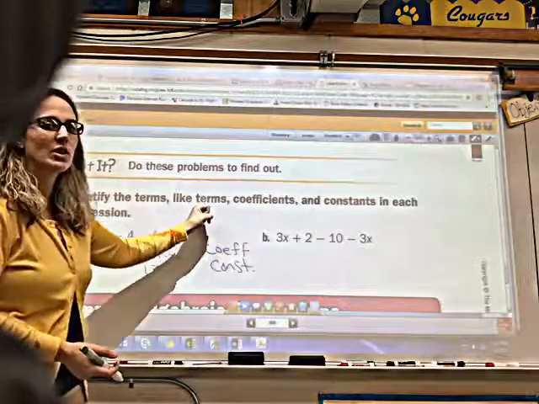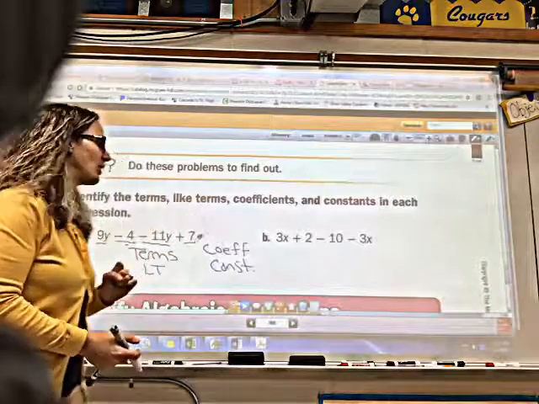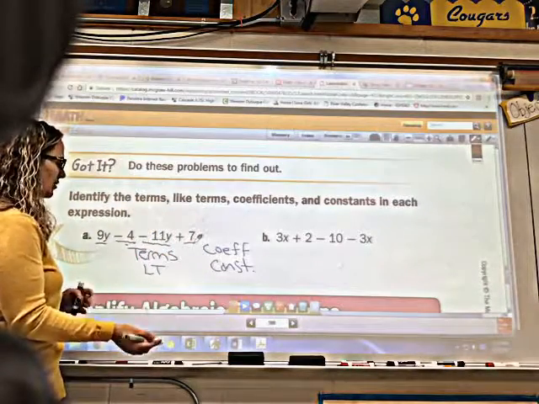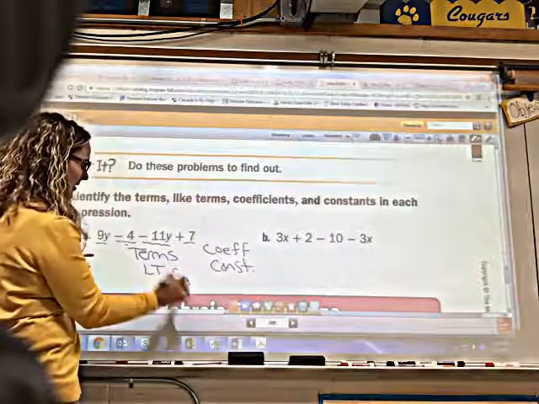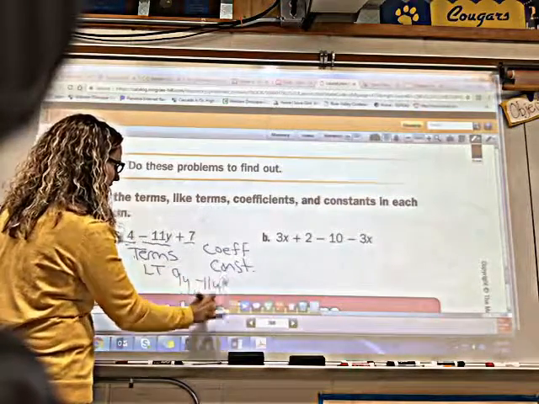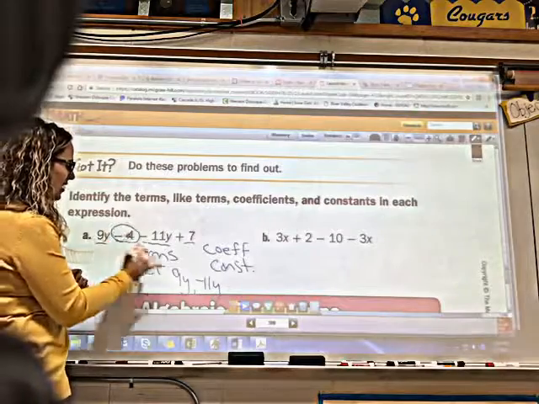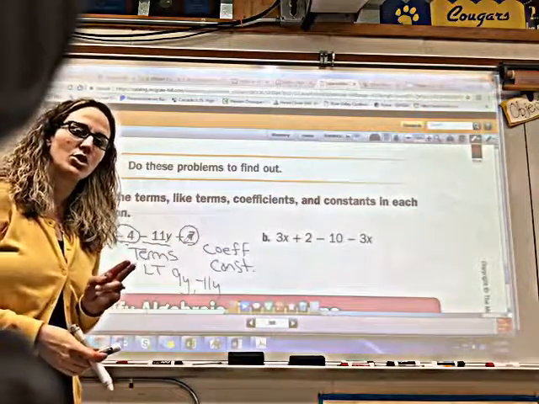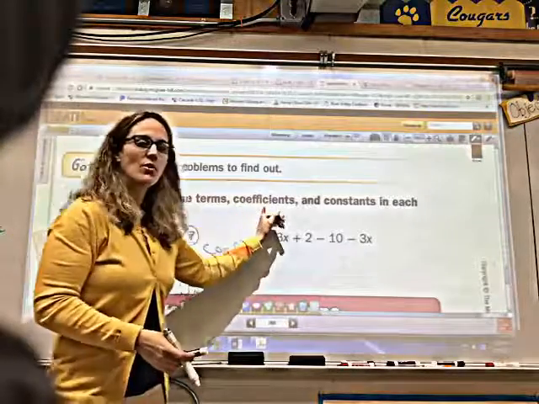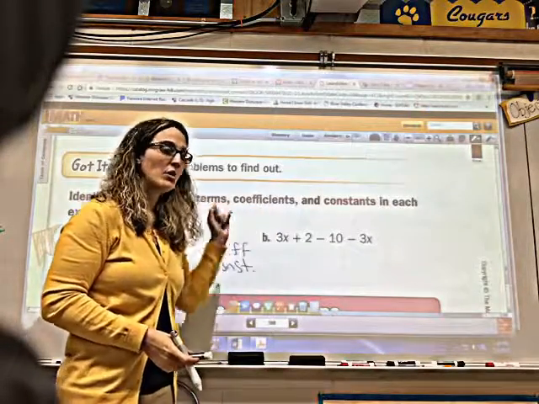Next, after terms, you're looking at like terms. Your like terms in this situation, again, are things that you can combine together. So my like terms would be 9y and negative 11y. And then I can also combine together negative 4 and 7. So there are 2 sets of like terms. Next we have coefficients. Those are your numbers that are ahead of your variable.